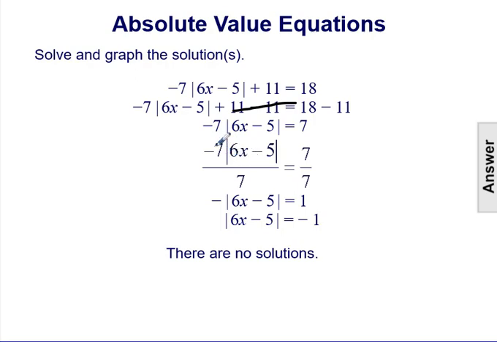Divide by negative 7, and we end up with the absolute value of 6x minus 5 is equal to negative 1. It's equal to a negative number, so automatically we know there are no solutions. D is less than 0. So you can't actually use either strategy. Before, it looked like you could, but once you isolate the absolute value, you see that you can't.